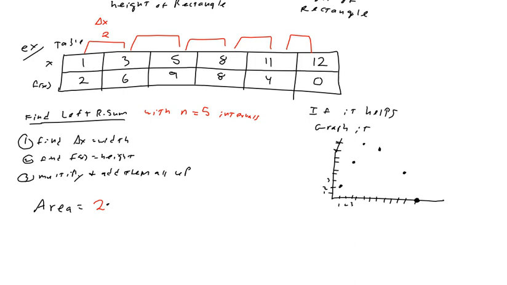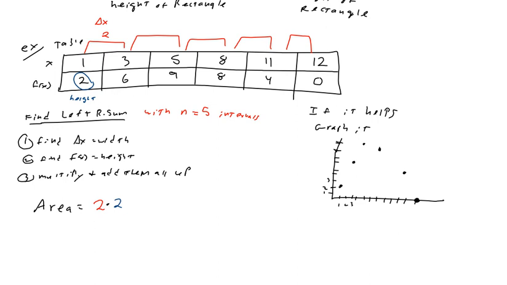I've got 2 choices here. I have this left edge for my height, or this right edge for the height. Since I'm doing the left Riemann sum, this is going to be my first height, times 2 for the first rectangle, right?